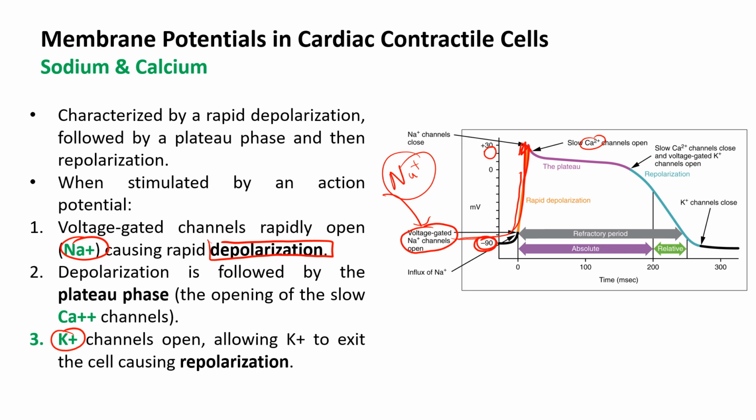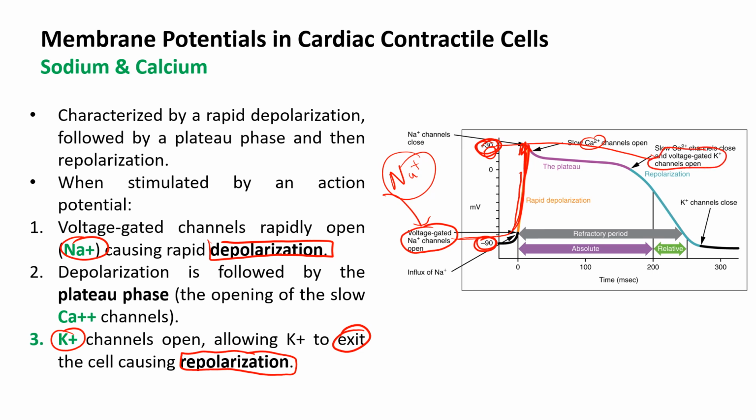Now, after depolarization, we have another phenomenon called repolarization. Repolarization is when potassium exits the cell. We have more potassium inside of the cell than outside. So once you reach a voltage of approximately plus 30, that is the voltage that opens potassium channels.